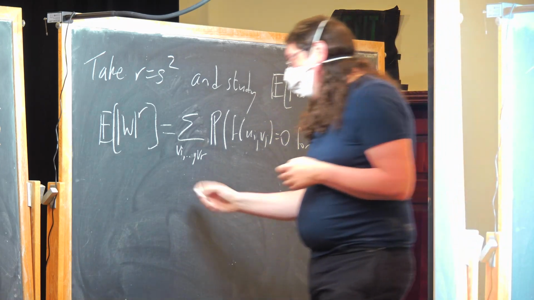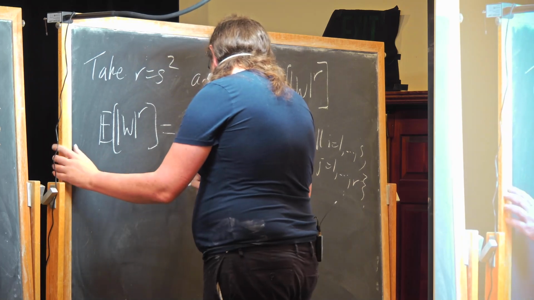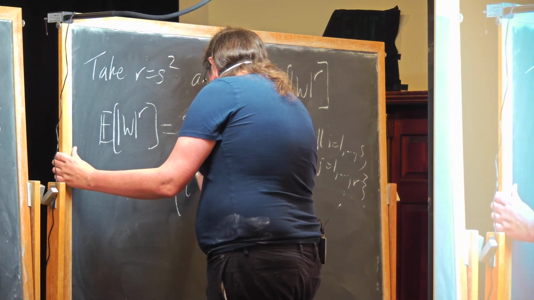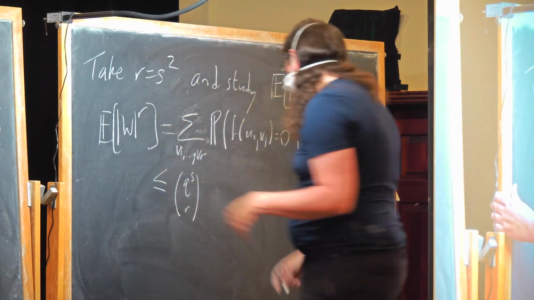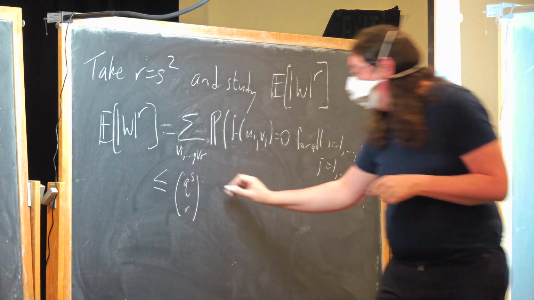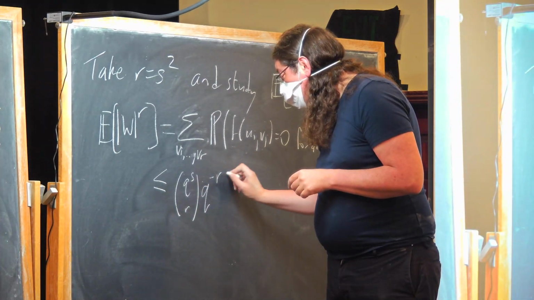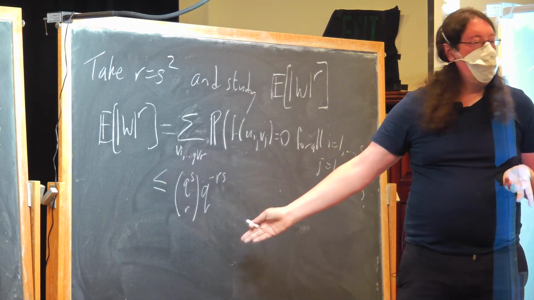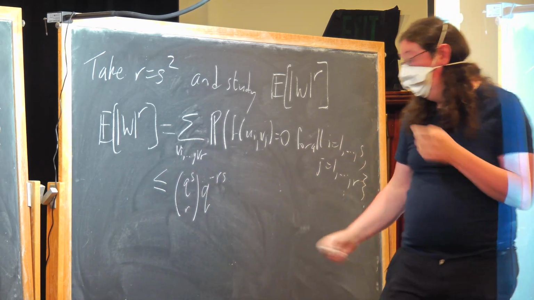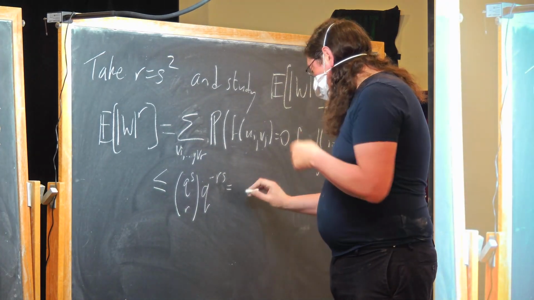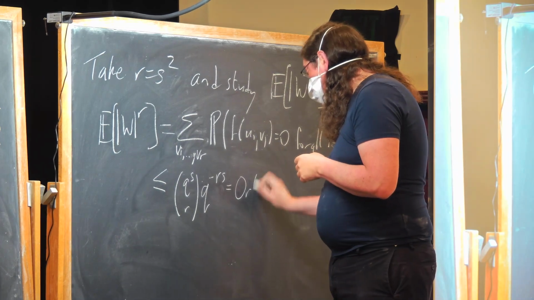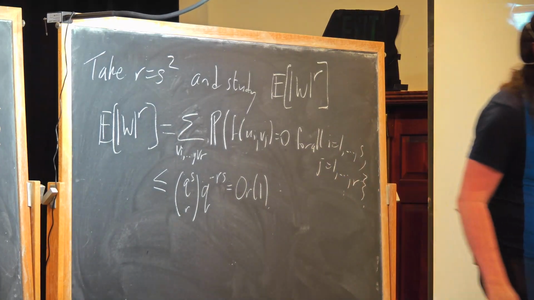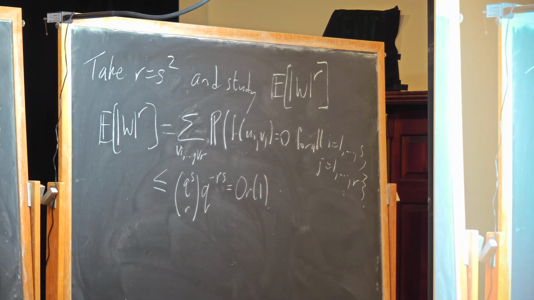So this becomes, at most, the total number of possibilities here, which is q to the s to the r, times q to the minus rs. But those two things basically cancel out, right? So this is some big O of 1. So actually, this expectation is small.